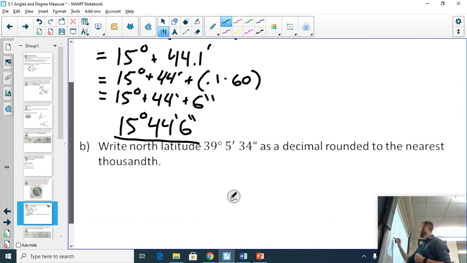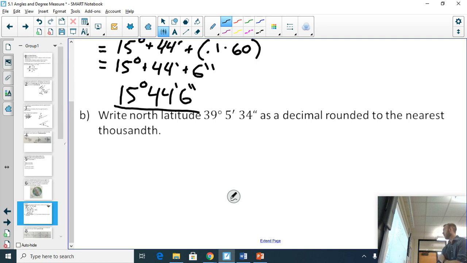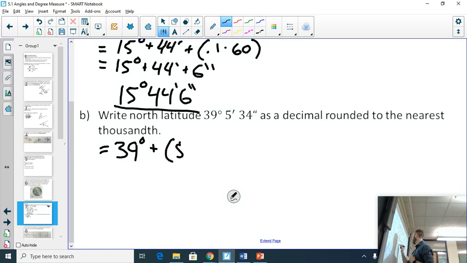And now likewise, going the other way, right, north latitude 39 degrees, 5 minutes, 34 seconds as a decimal rounded to the nearest thousandth. So this is where thinking backwards comes into play. We already have 39 degrees, right? That's already in degrees, we don't have to change that. But now, how do we change 5 minutes to degrees? Well, remember, each minute is 1/60th of a degree.